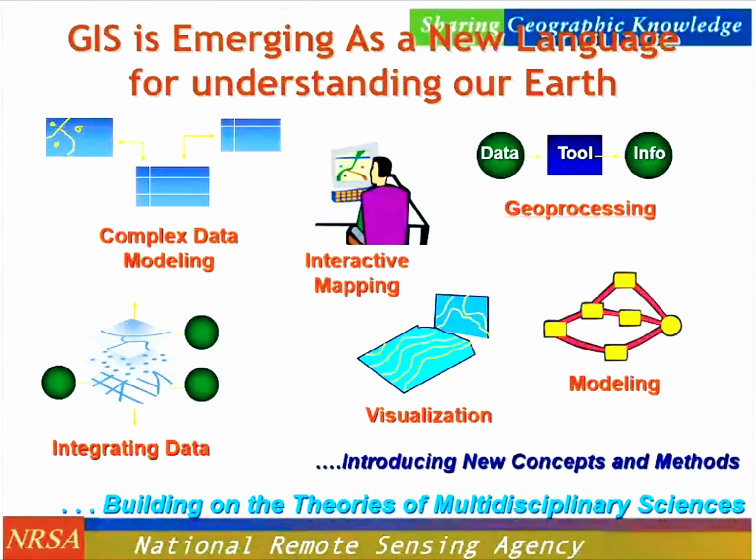Now, GIS is an emerging and new language for understanding our Earth, right? This involves complex data modeling, interactive mapping, geoprocessing, data integration, and visualization to understand some aspects. But what is the actual history of this technological view? This involves various operations, which you see in the slide: integration of data, visualization, modeling, and introducing new concepts and methods, right?